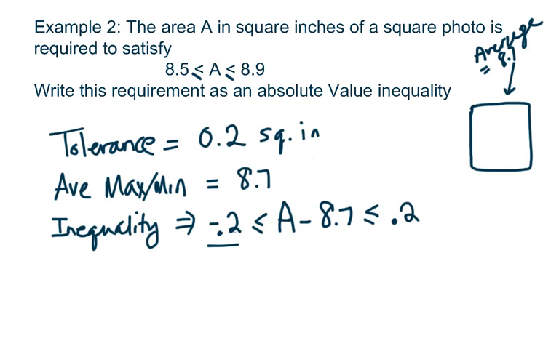Basically we have a negative tolerance on one side and a positive tolerance on the other. That's how you write that inequality.